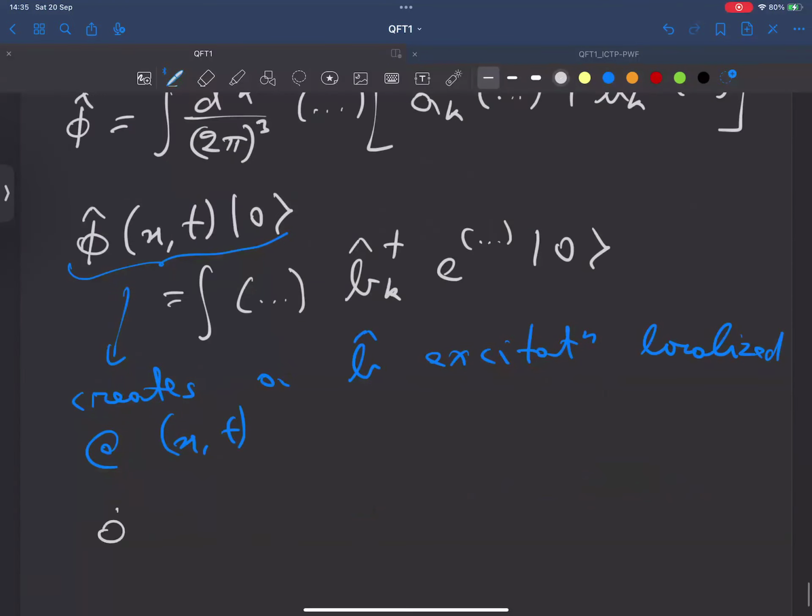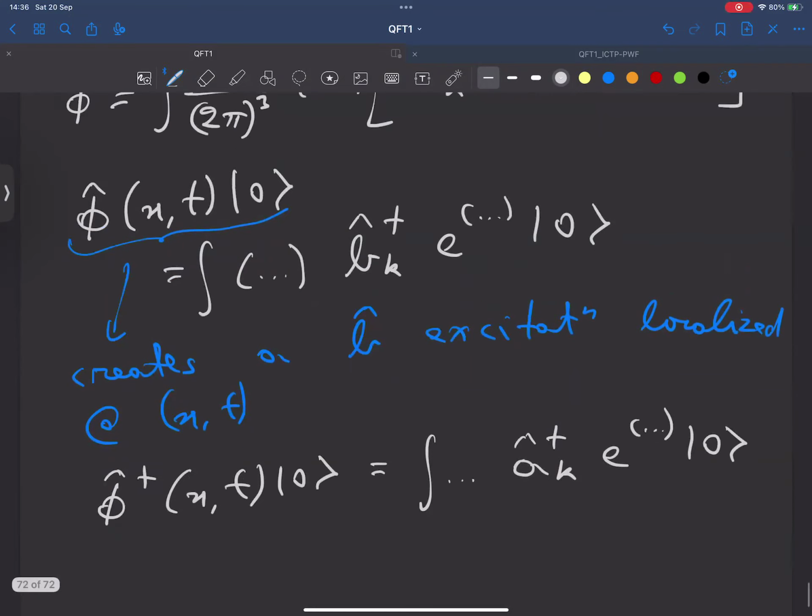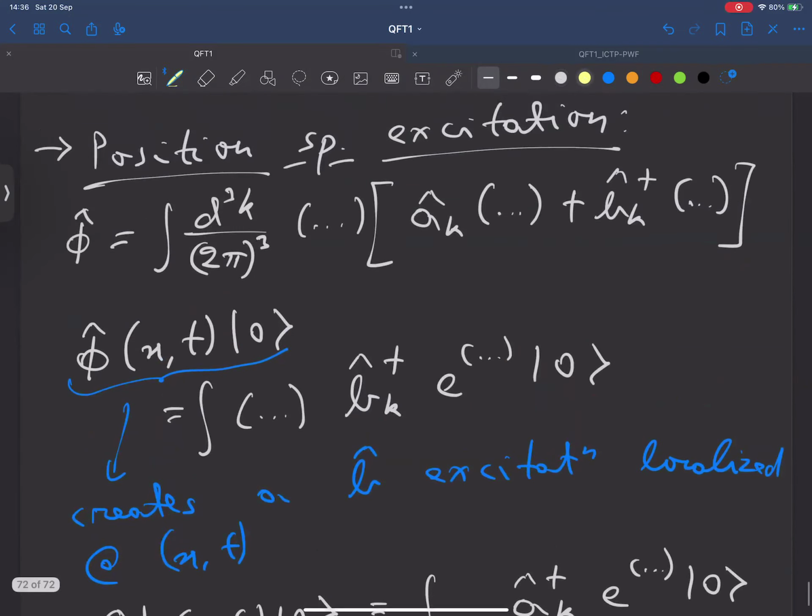And if you do phi dagger(x,t) on 0, then you will get that it creates again something of the integral measure times an exponential, but with the a's. That just follows from the expressions of phi and phi dagger in terms of the ladder operators.